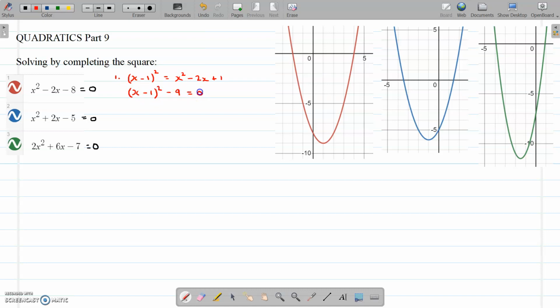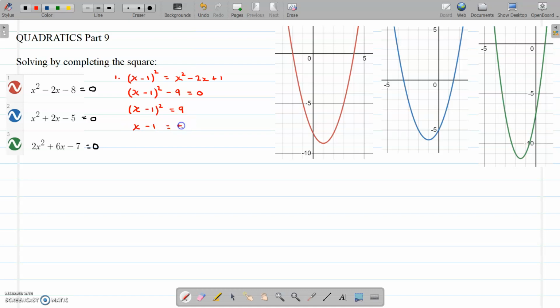And then you set about solving it in the way you would any equation. Just do the same thing to both sides. So I'm going to do x minus 1 squared equals 9, just by adding 9 to both sides. Then I'm going to square root both sides. So x minus 1 is going to be equal to the square root of 9.